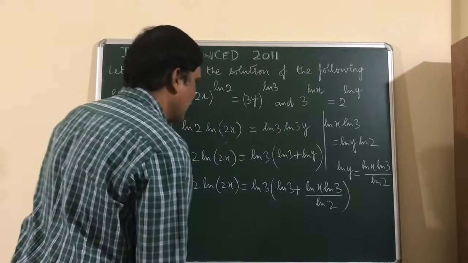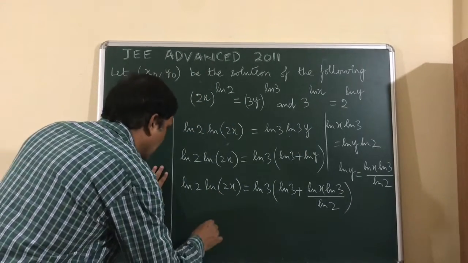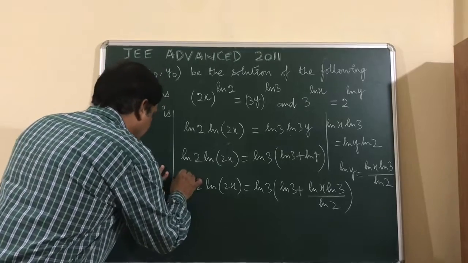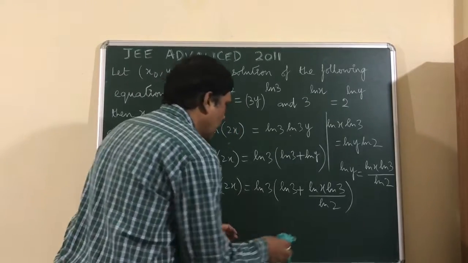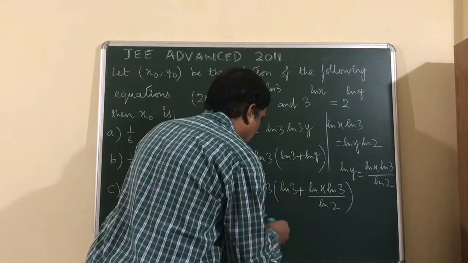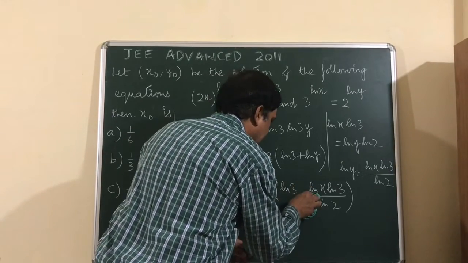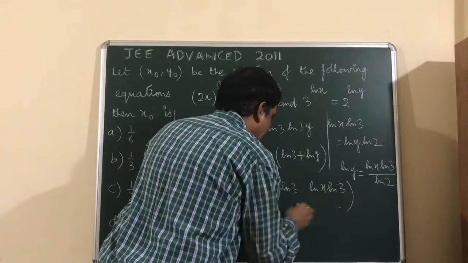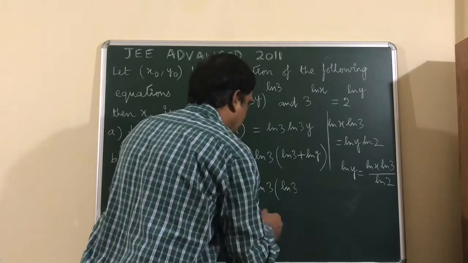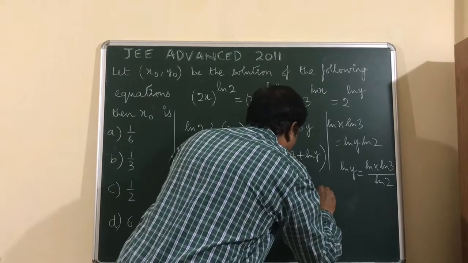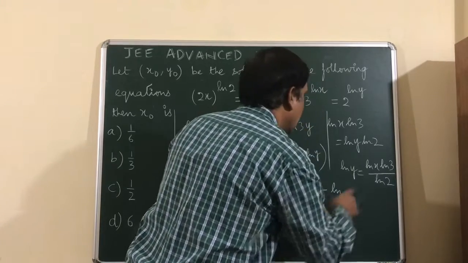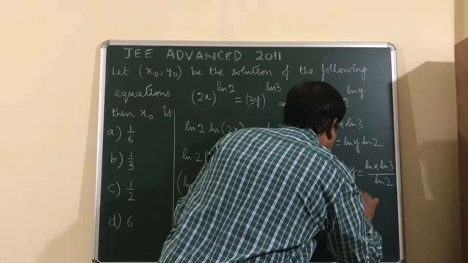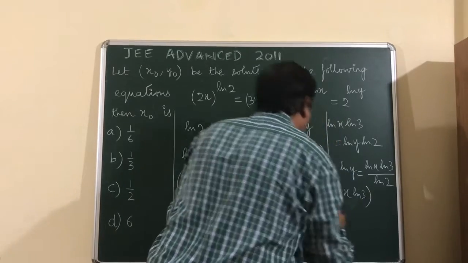Now if we simplify, I'll multiply the entire equation by ln 2. So we get ln 2 squared into ln 2x. Here the ln 2 in the denominator will go, and it will become ln 3 into ln 2 plus ln x into ln 3.